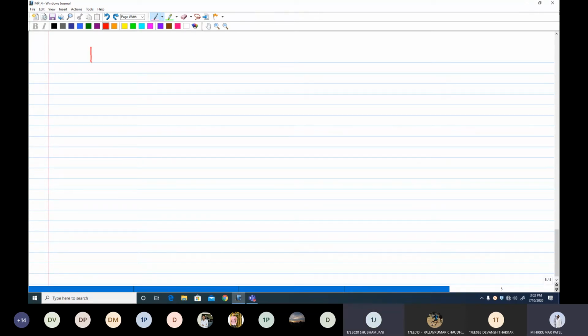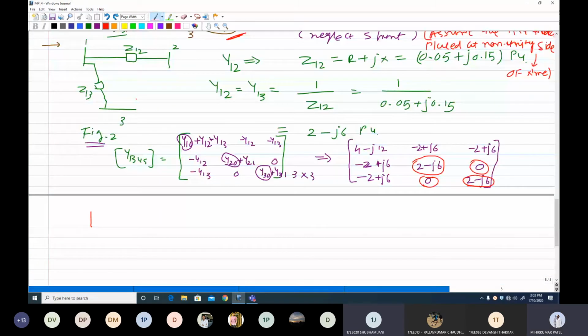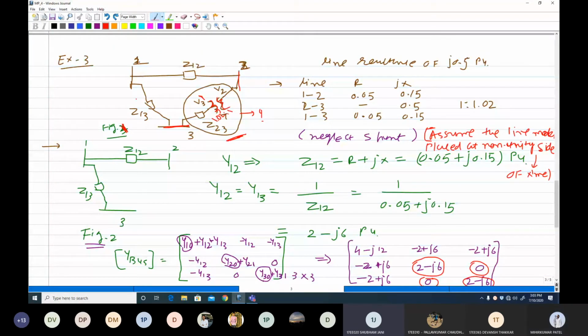Sir, type 2. How? Because the transformer is on the left side. If we consider bus number 2 as the ith bus, then the admittance just after the transformer is the left-hand side leg of the pi model, and the admittance Z13 is the middle admittance.